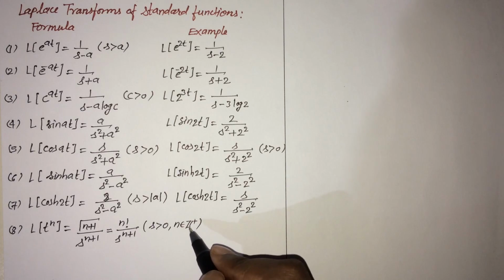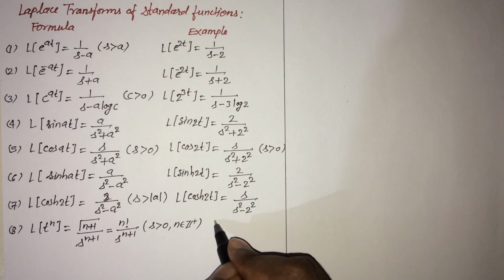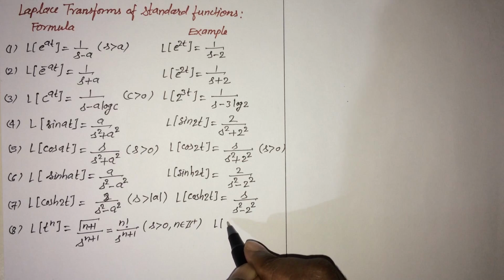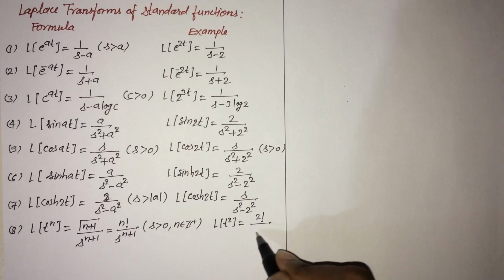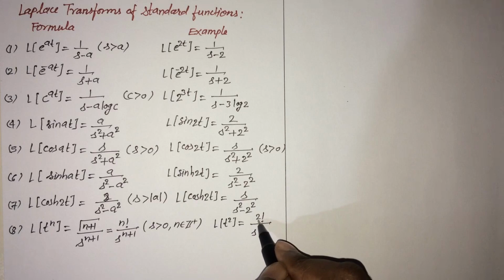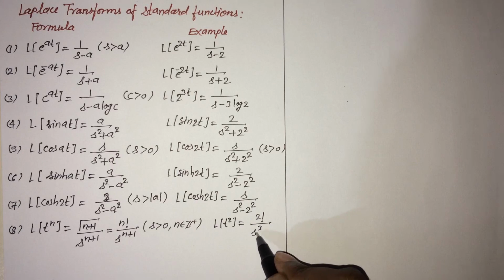Example, Laplace transform of t square is equal to 2 factorial divided by s cube. Here n is 2, so this is 2 factorial divided by s raised to 2 plus 1, that is s raised to 3.